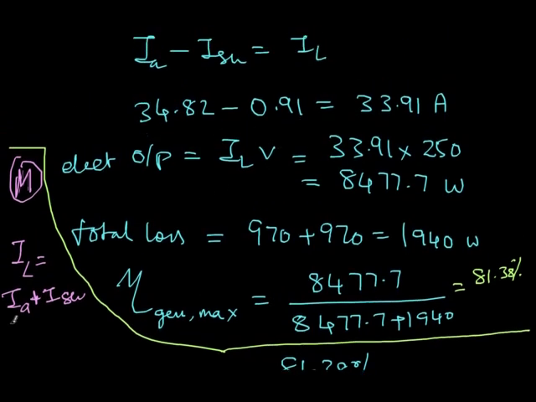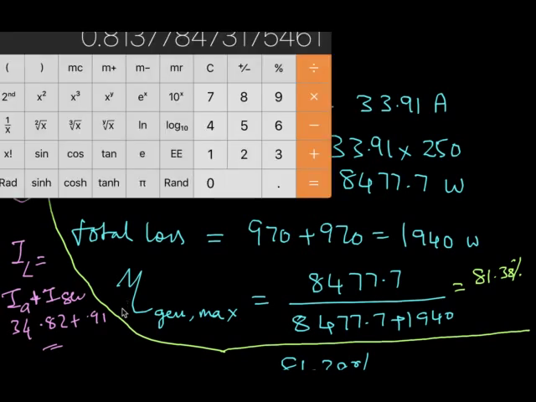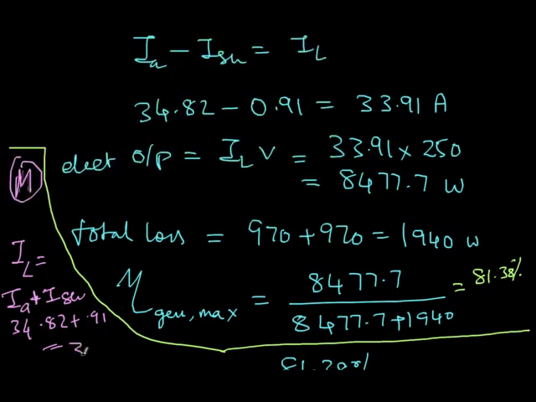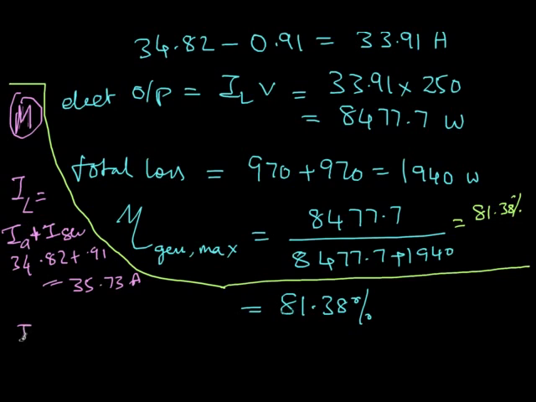So it will become 34.82 plus 0.91, which is 35.73 amperes. Under these conditions, what will be the input to the motor?